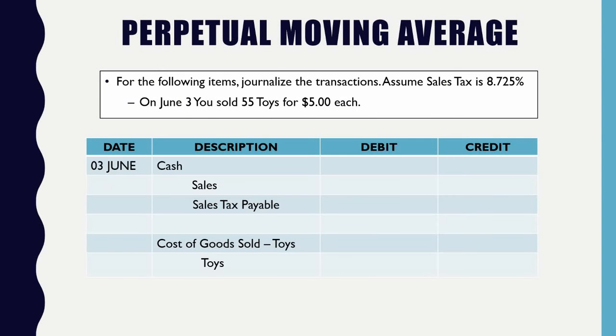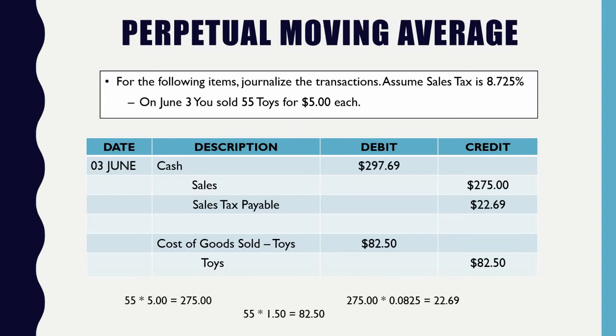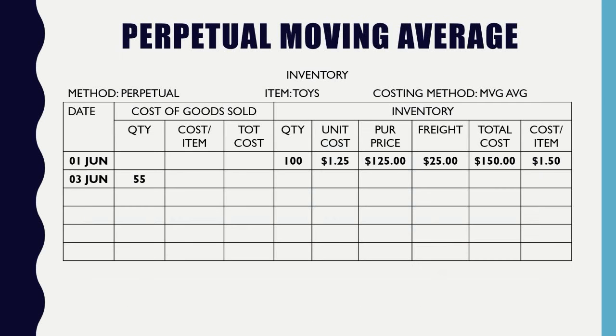So then on June 3rd, we end up selling 55 toys. Therefore, we need to solve for the cost of goods sold. Because we only have one batch of inventory, we already know we're going to be taking out from this batch here. We sold 55, so that means 55 at my average cost per item right now, which is $1.50.